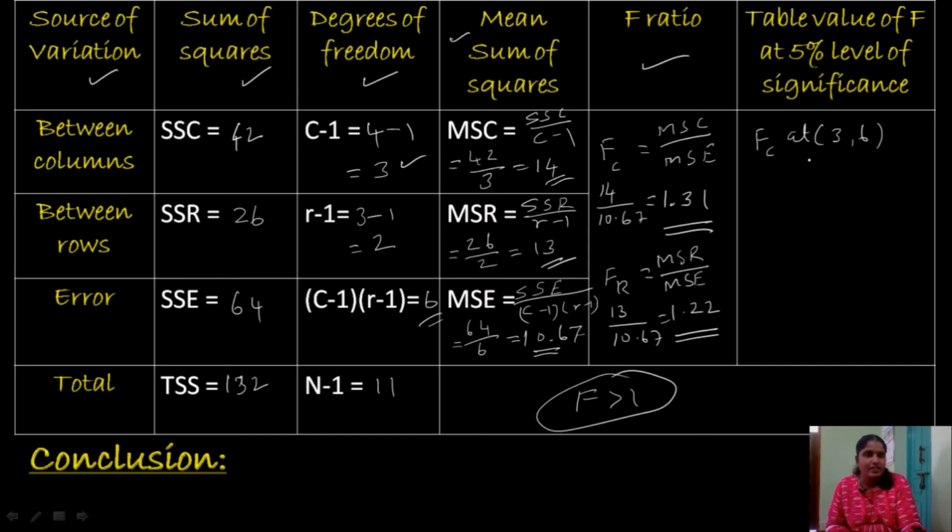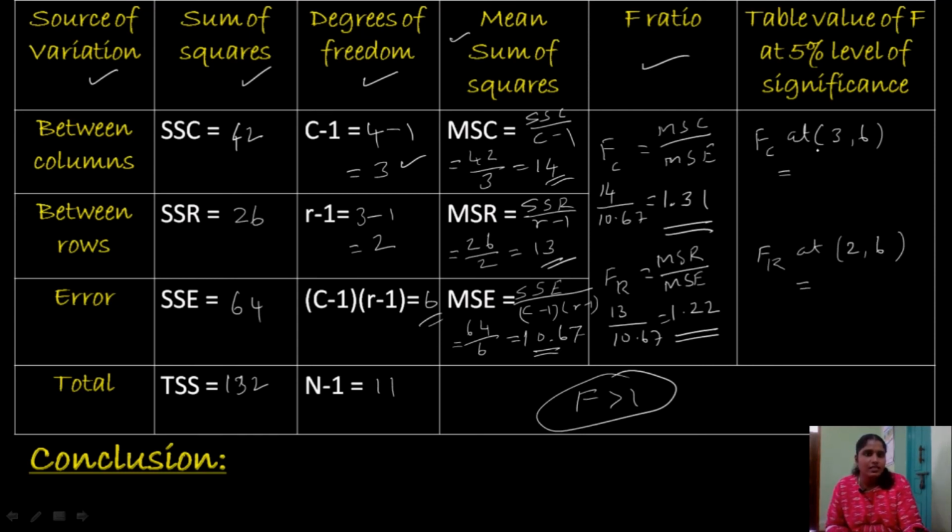So the value of F at 3,6 degrees of freedom is... Likewise FR, the F ratio for R, at MSR has degrees of freedom 2. So we have to take 2 in the numerator, and MSE has degrees of freedom 6, so we take 6 at the denominator.